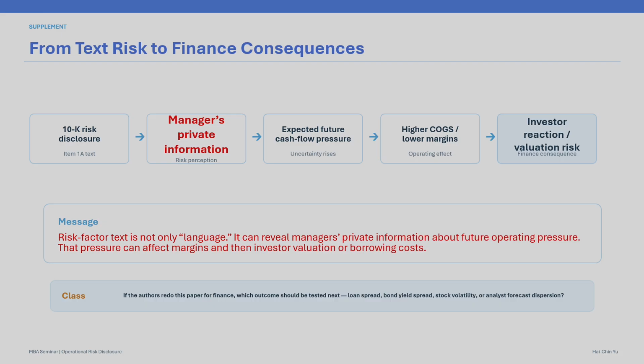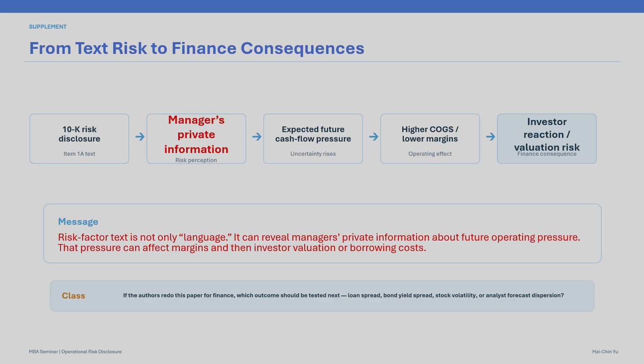So when he discloses the risk, this information is asymmetric. It might impact the stock market or the valuations from the analyst. So all these sequences are quite important to decide. So risk factor text is not only in the language, it also reveals managers' private information about the future operating pressures.